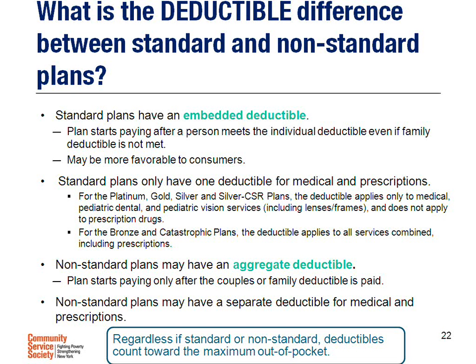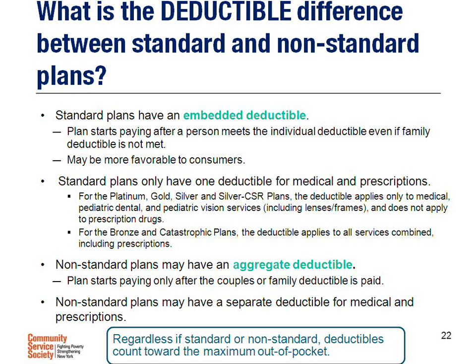One is very sick, and let's say they selected a gold plan. So the individual deductible is $600, the couple's deductible is $1,200, right? You just multiply it. Let's say the husband is very sick and you know that he's going to meet the individual deductible right away. Well, in an embedded deductible, once the husband meets the $600, the plan starts paying and the client only pays the co-pays, right?